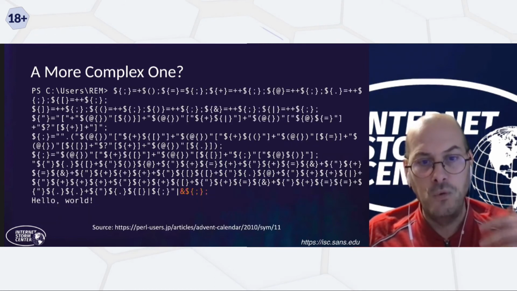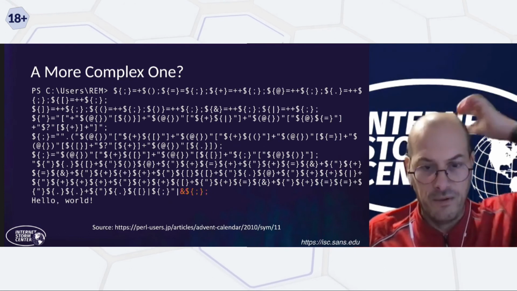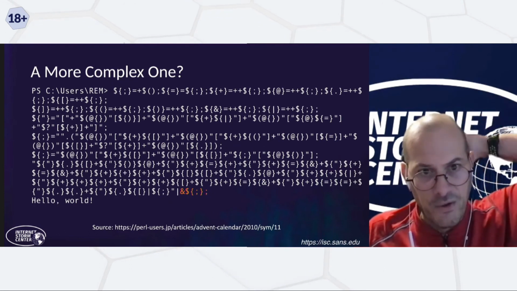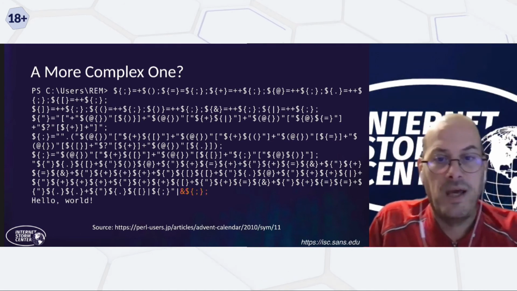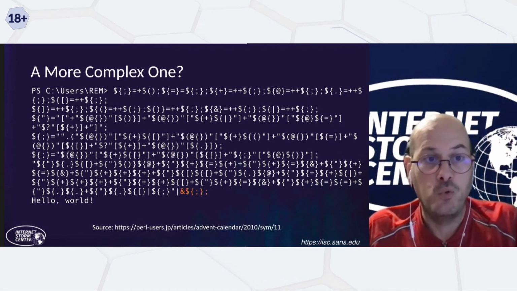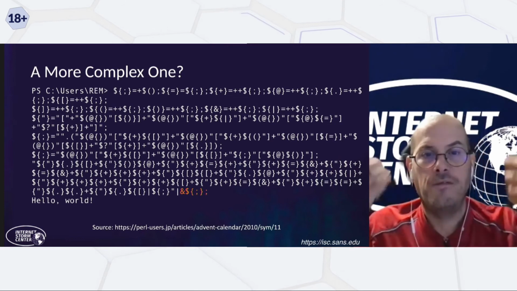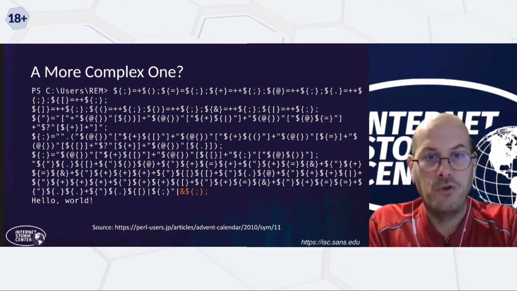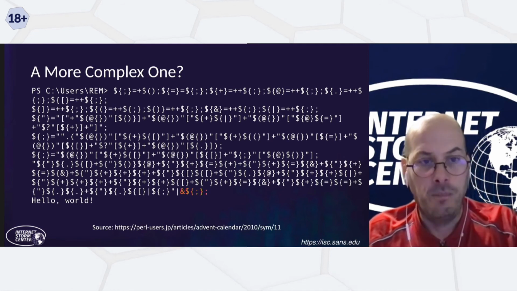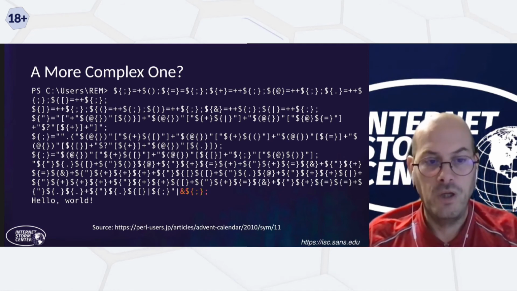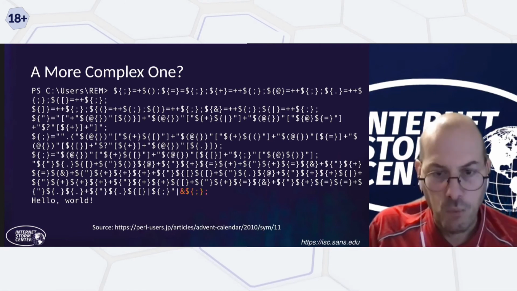Of course we encoded, so we are looking for a function to decode. If you define a function to revert this, basically you pass your string to the function and you find back the hello world.